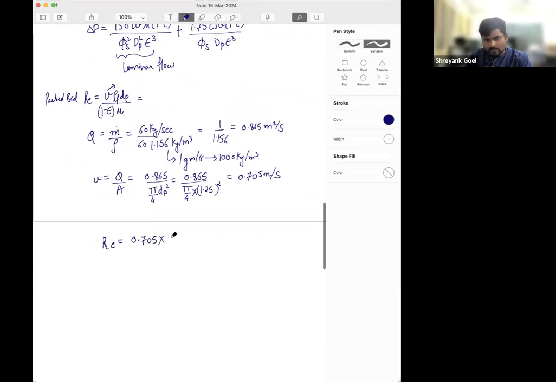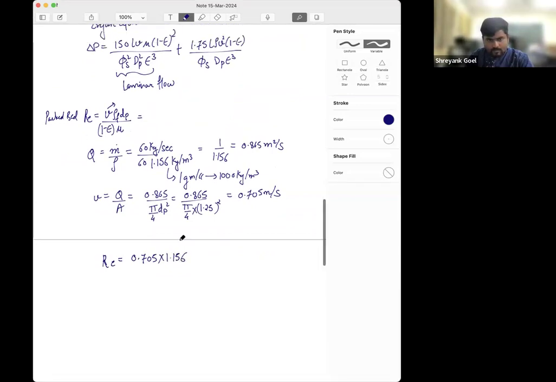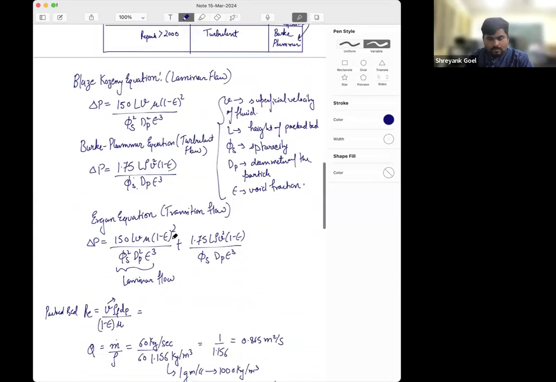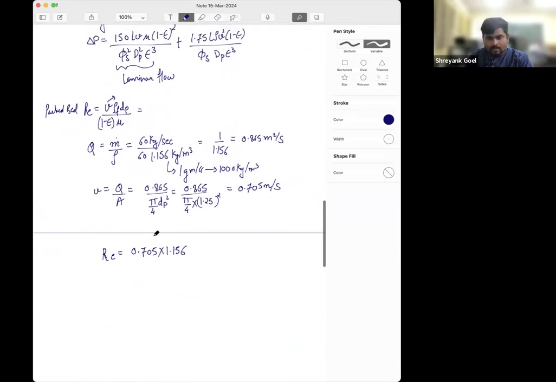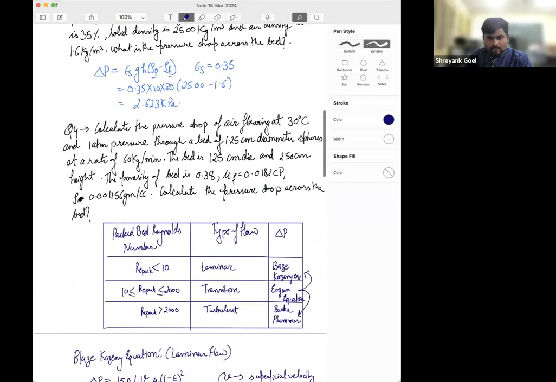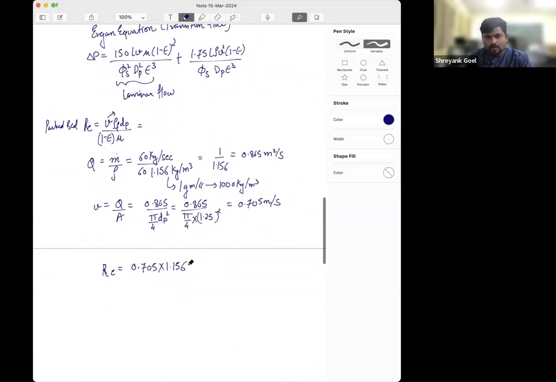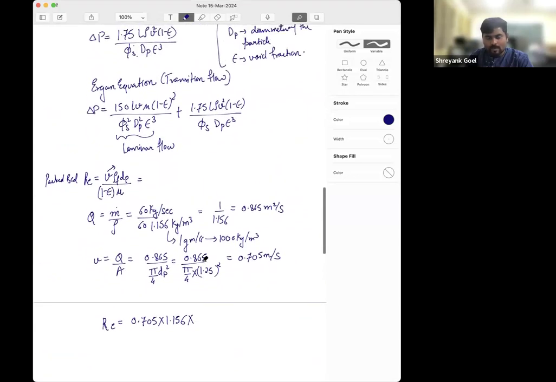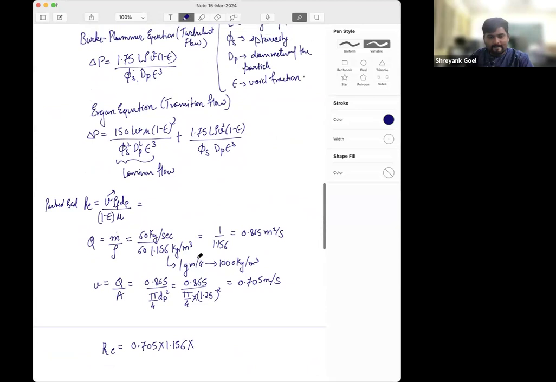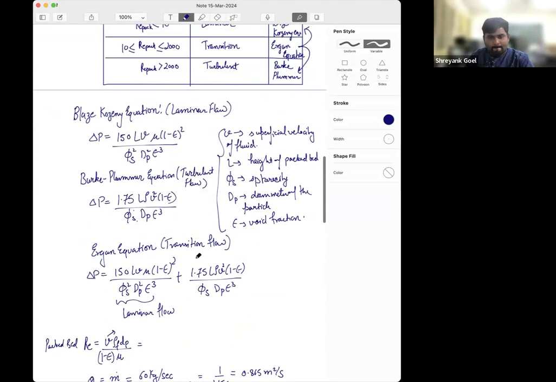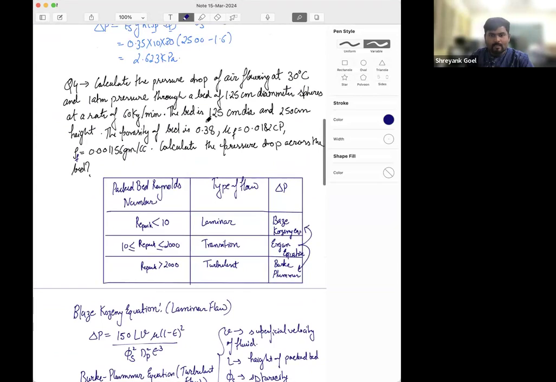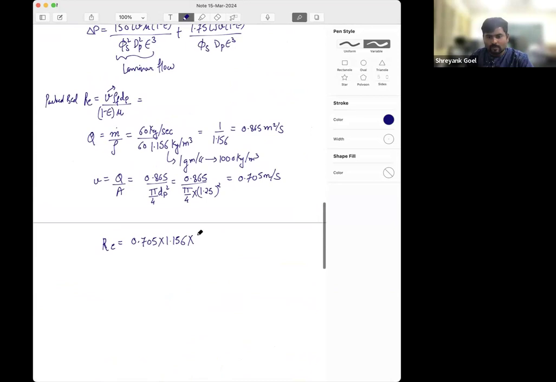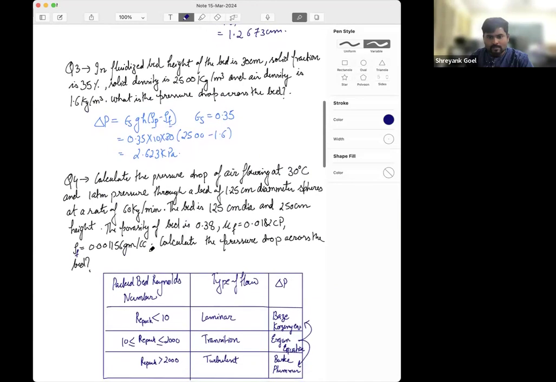0.705 into the density of fluid, which is 1.156, into the diameter of the particle, 1.25, divided by 1 minus epsilon.